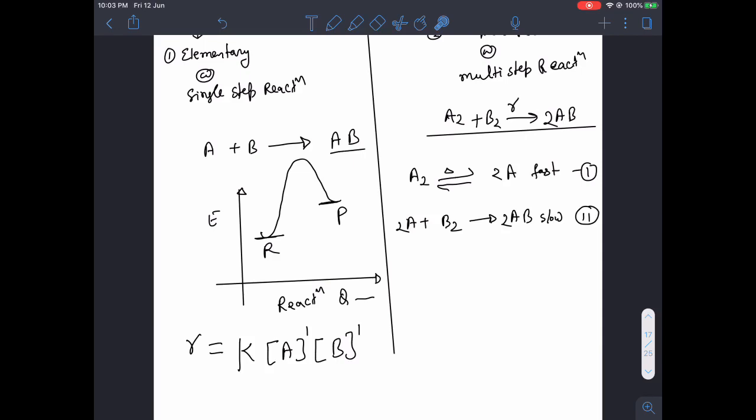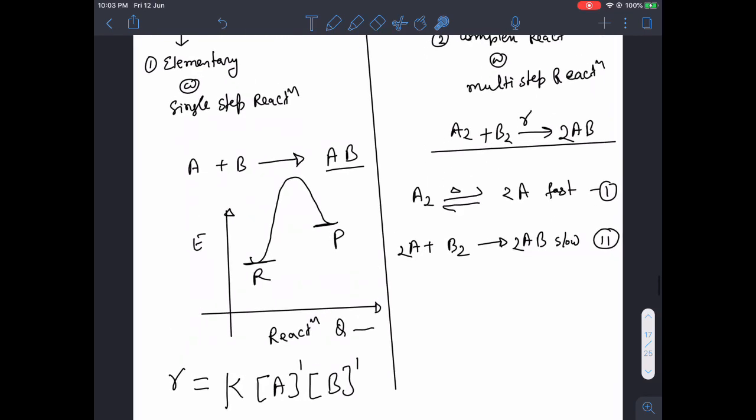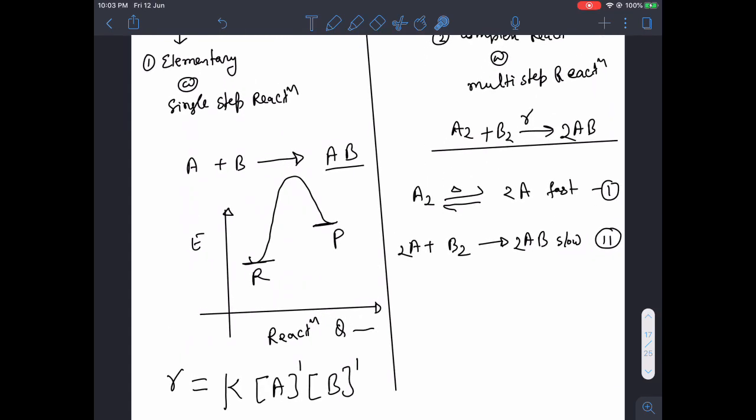Now when it comes to multi-step reactions guys, we have to first understand for these two steps, if their rates are different, I mean one is going with a much faster rate, let us assume it to be R1 and the other to be R2. Now the original reaction's rate, will it be equal to R1 or will it be equal to R2? Let me tell you a very important fact about this.